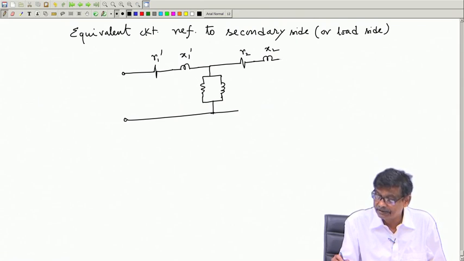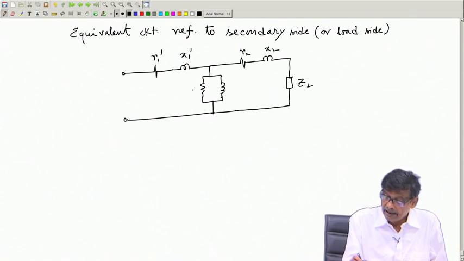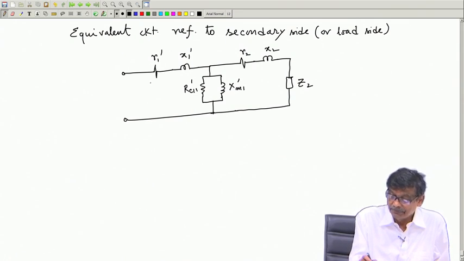Secondary side we are going, and this impedance should be Z2, and this of course should be RCL1 dashed, XM1 dashed. Now, what is this R1 dashed?